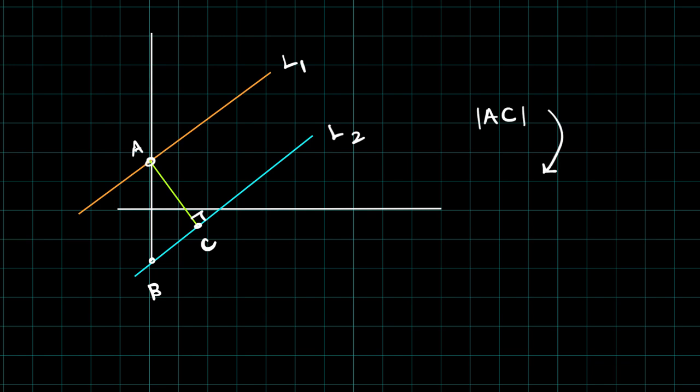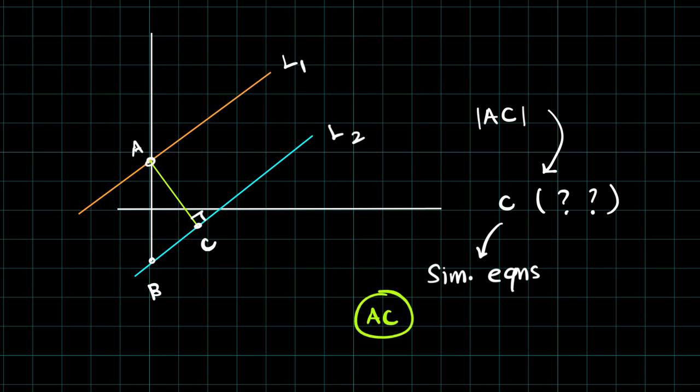So the objective is finding the magnitude of AC. In order to find it, we need the coordinates of C, which are unknown. In order to find the coordinates of C, we have to solve simultaneous equations. Which two equations? The green line, which is AC, with the blue line, which is L2. The equation of L2 is given.